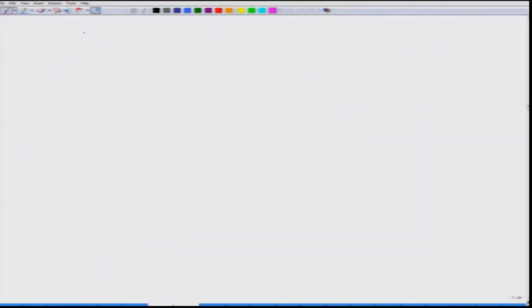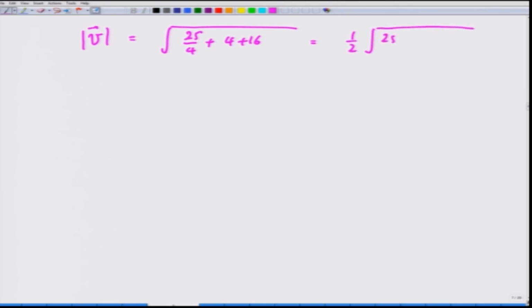So, the magnitude of V is nothing but square root of 25 by 4 plus 4 plus 16, which is equal to 1 by 2 square root of 25 plus 16 plus 64, which is 1 over 2 square root of 105.